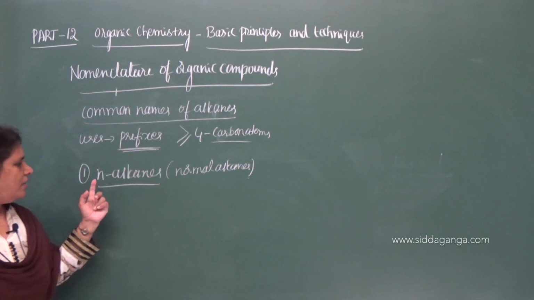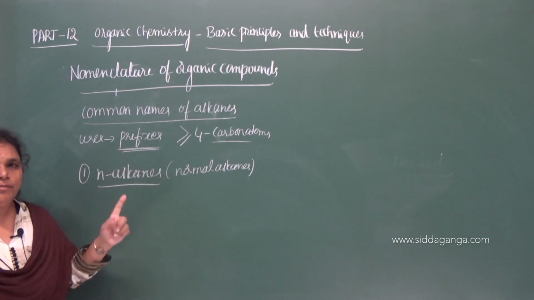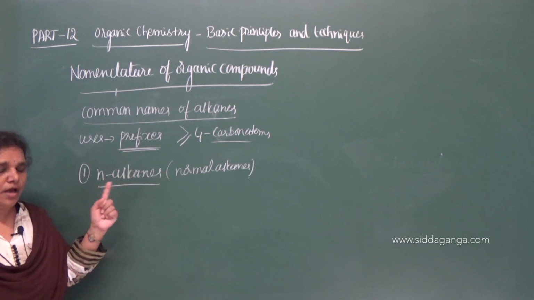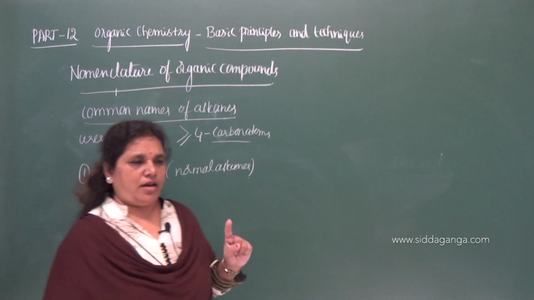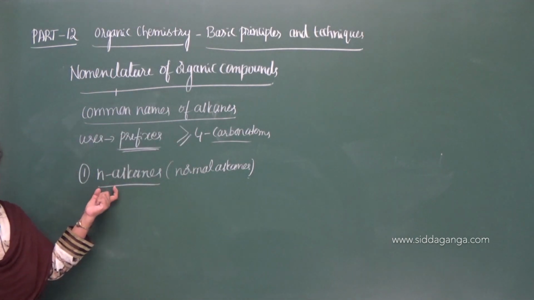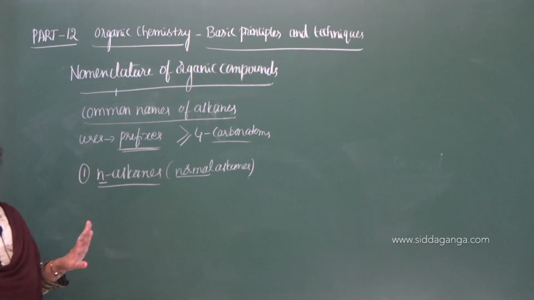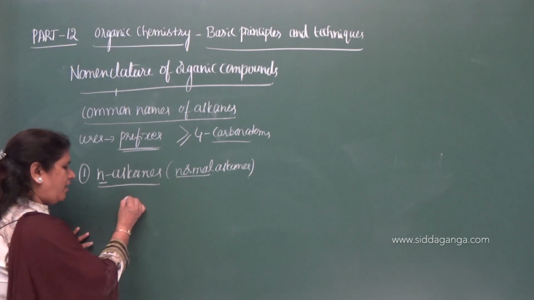If we use the small n as a prefix before the name of an alkane, then those alkanes are called N-alkanes. Then, what is the speciality in that prefix N? N indicates normal alkane. What do you mean by normal alkane?